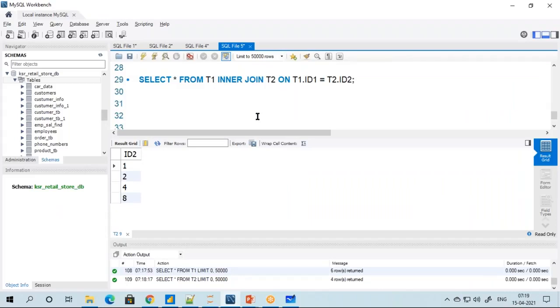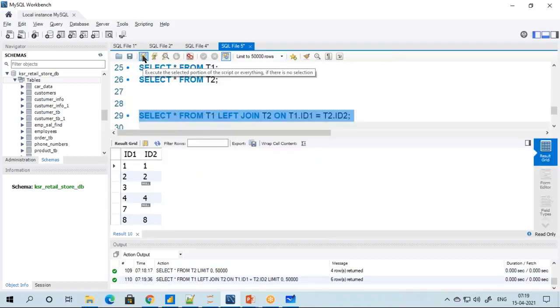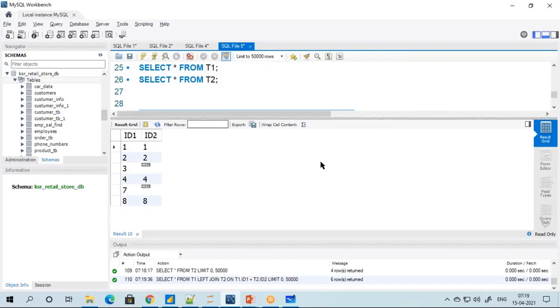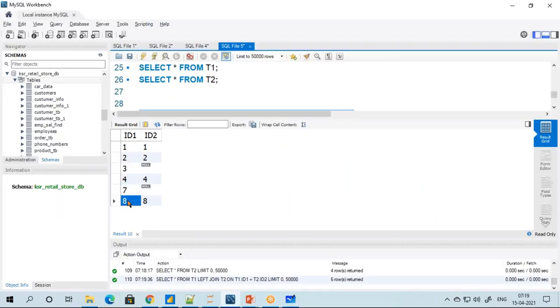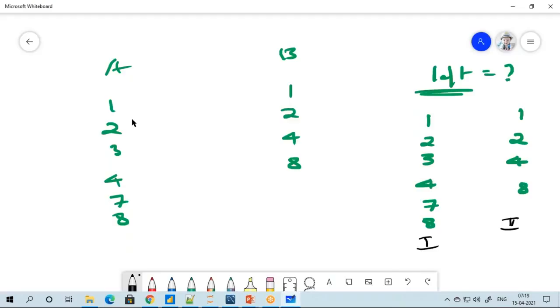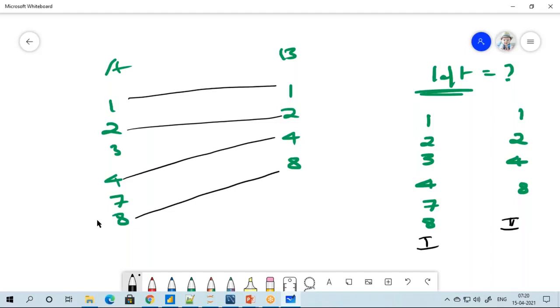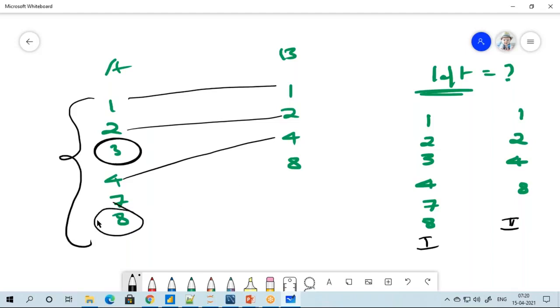Instead of inner join, we have to keep left join. 1, 2, 3, 4, 7, 8. Which column you're selecting depends on you, but the actual concept here is to understand matching records along with all the records in the left table.